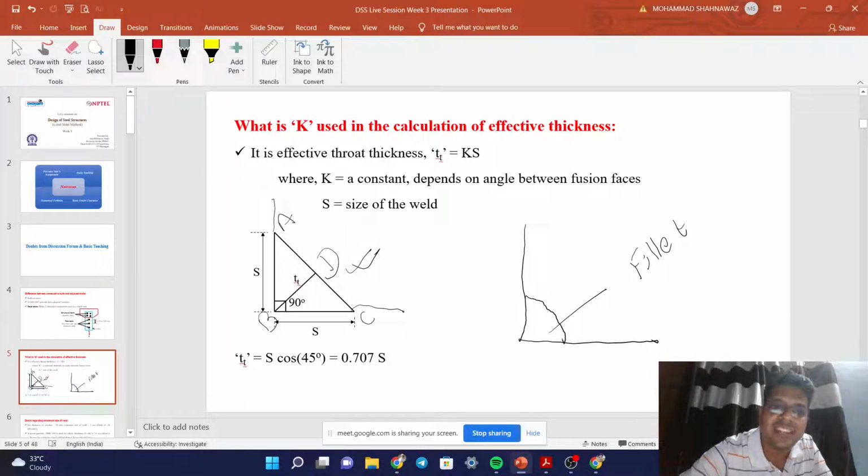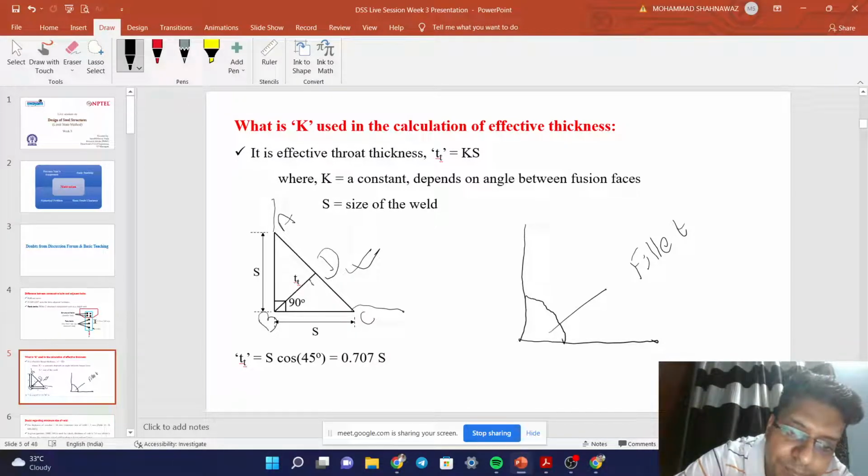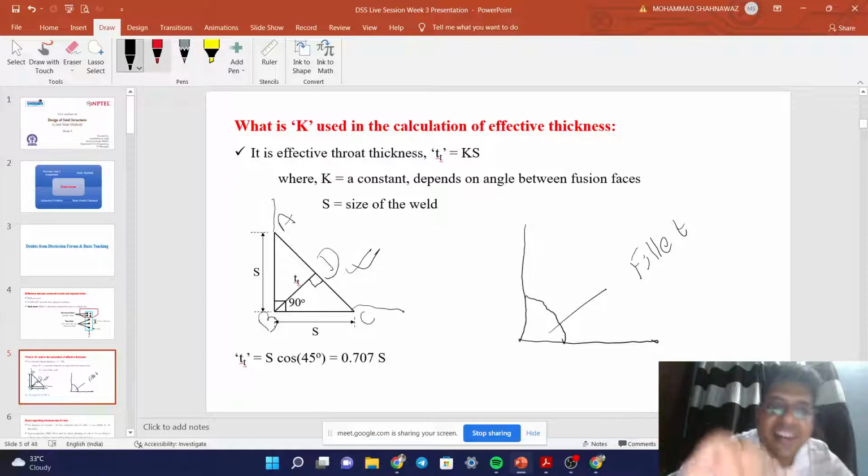Here, applying the Pythagoras theorem, you can calculate the distance AC, because you know the distances AB and BC are both S. Using the Pythagoras theorem you can calculate AC. After that, considering the throat thickness, we make another right angle.